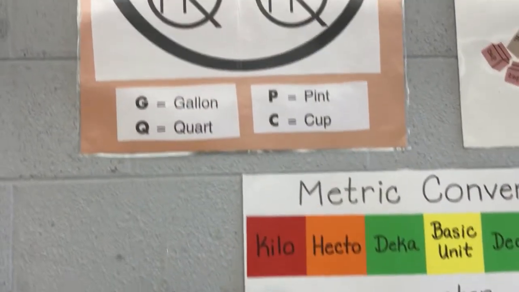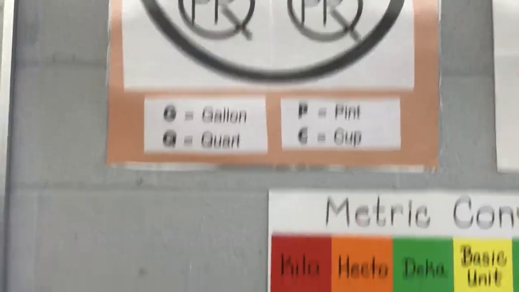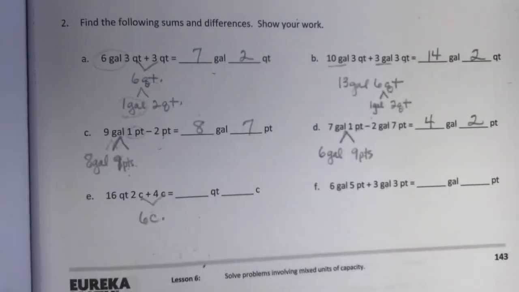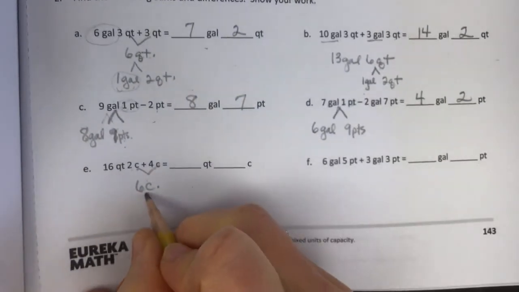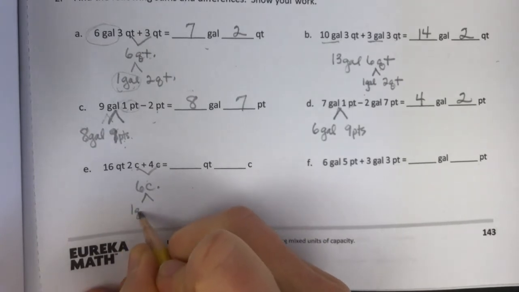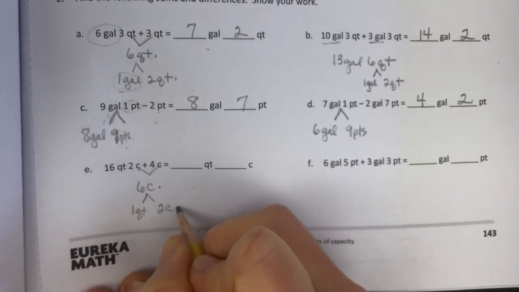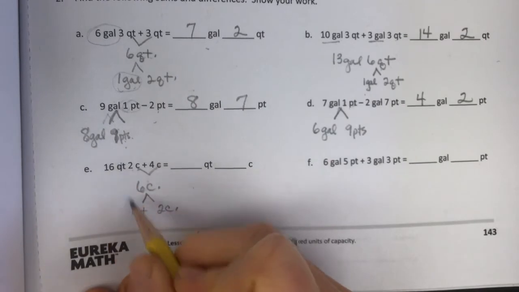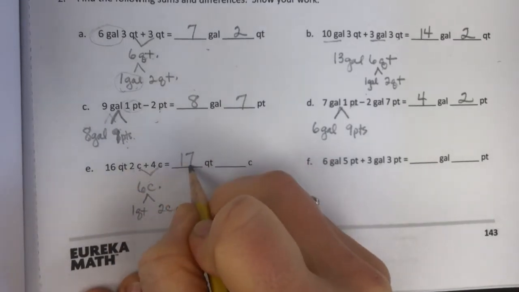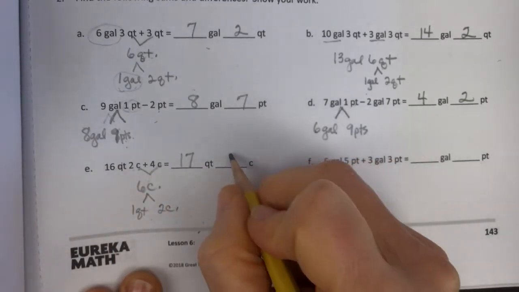Well, let's take a look at our thing again. How many cups are in a quart? There are 4 cups in a quart. Okay, so this 6 cups, 4 of them is 1 quart, and I have 2 cups left. So that gives me 17 quarts and 2 cups.